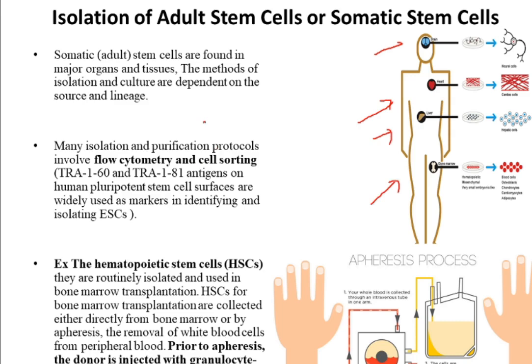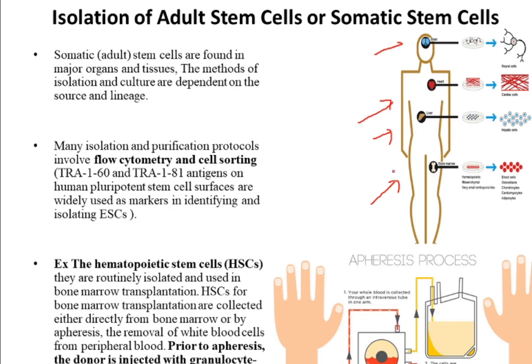So if you want to isolate them from the brain or heart or liver or bone marrow, obviously the protocol for the isolation of stem cells varies. It depends on what the source is.